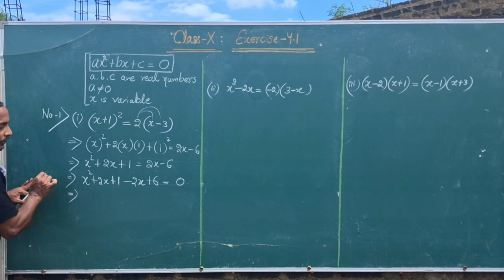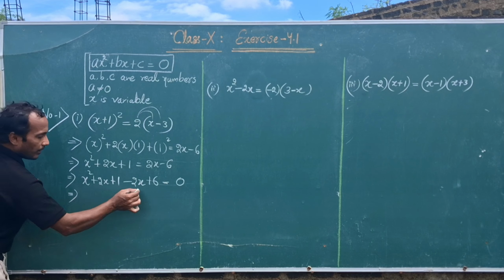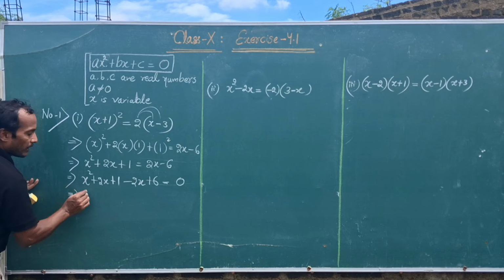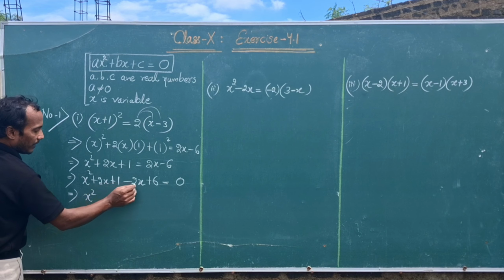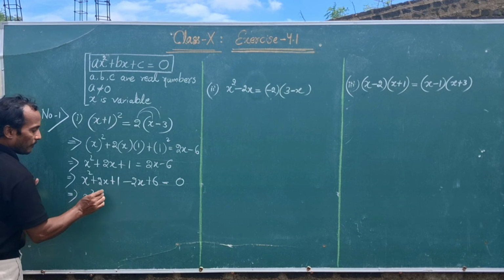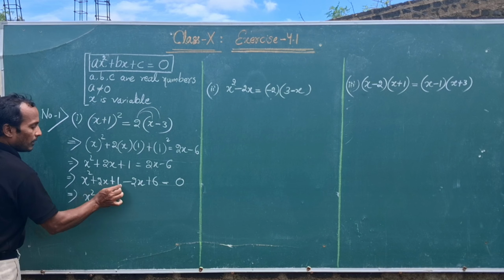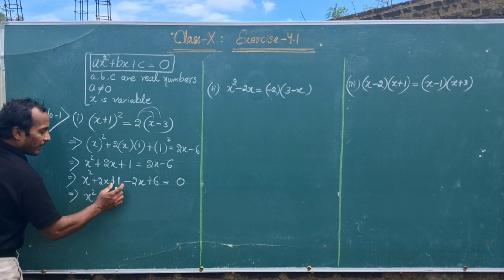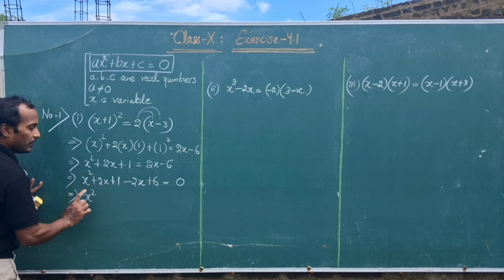Now, closely observe the like terms. X square doesn't have any like term in whole LHS. So I am copying x square. 2x has a like term. Minus 2x I have also. So plus 2x minus 2x will cancel each other. Two like terms exactly having the same things except the symbols, you can cancel them.